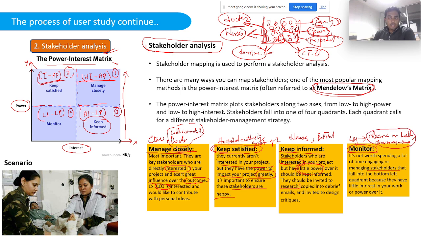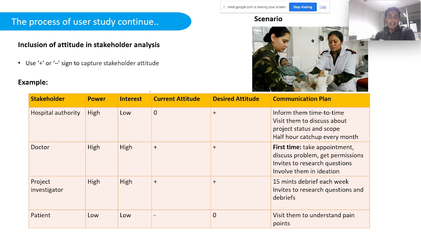Now you take these rules, you follow these rules and arrange the stakeholders into this particular matrix. Okay, another thing is that you need to include the attitude of the stakeholder every time you interact with them.